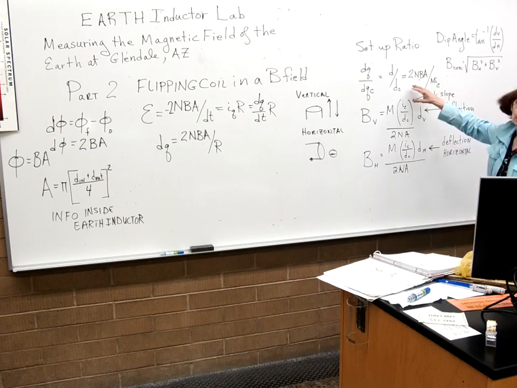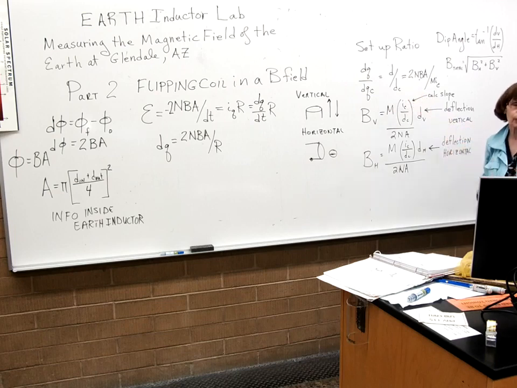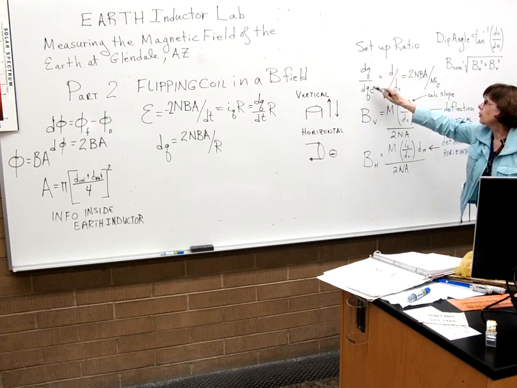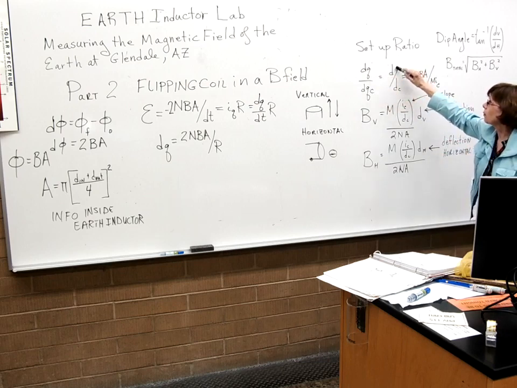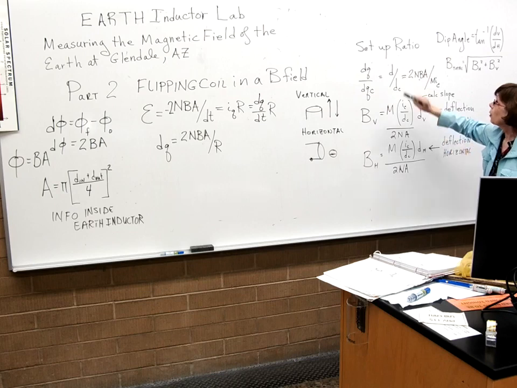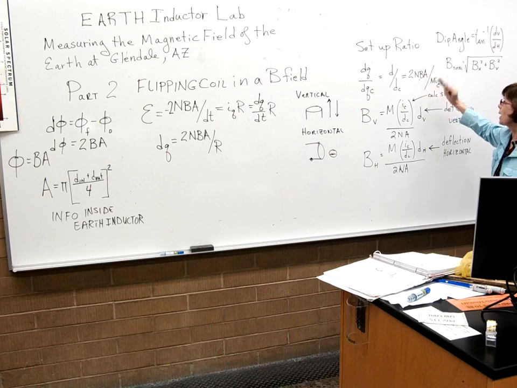We have to set up a ratio between what happened with the current and what happened with the flip. So in this case, dq over dqc would be the deflections from the flip over the deflections from the coil. That would be equal to 2 times NBA over the mutual inductance times the current in the coil.